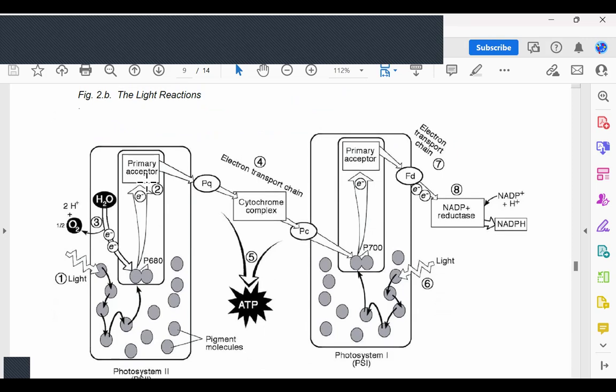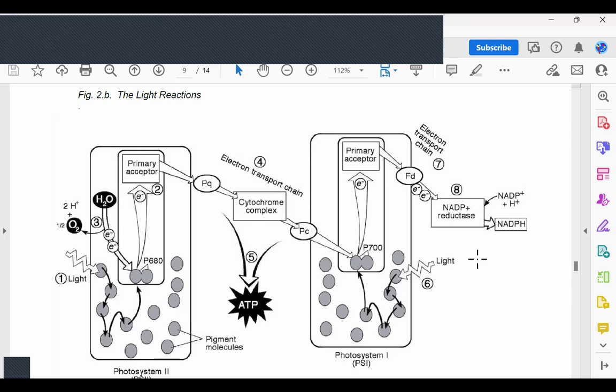This is what happens in a light reaction. This is step one going through two, three, four, five, six, seven, and eight. Sir, are these things going to be in the exam?